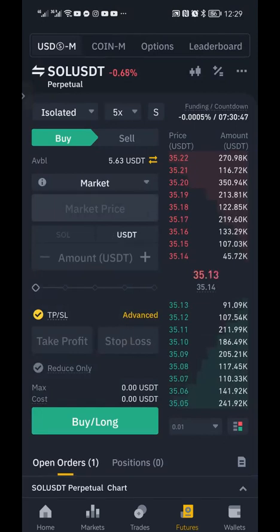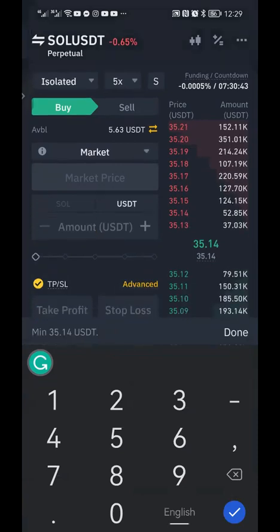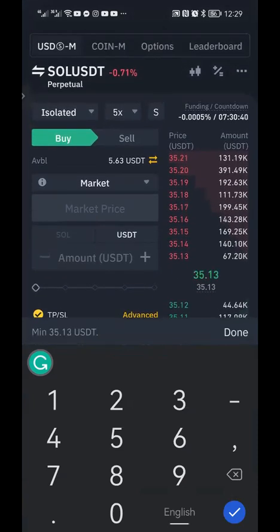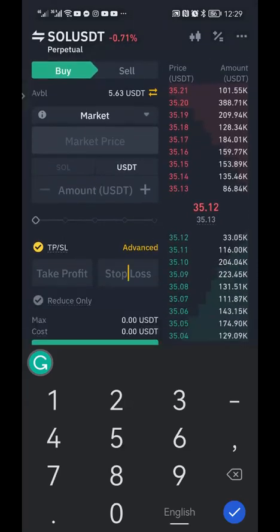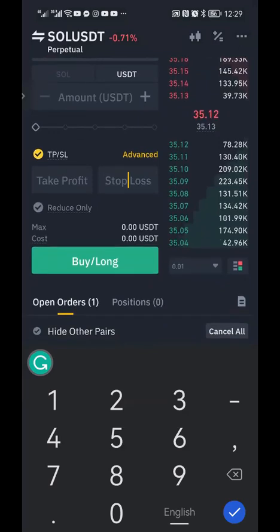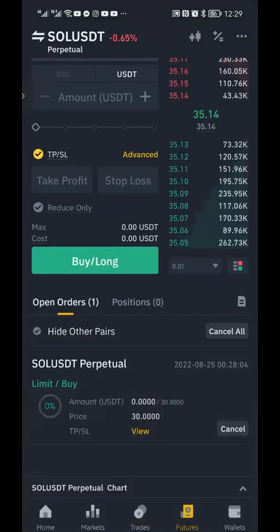As you take your market, you enter your amount you want to spend. The money I have available now is $5, which cannot maybe buy what I want. But if you can buy, then you can just input it, put your take profit, your stop loss, then you click on your order, buy or sell. So that is how it is.